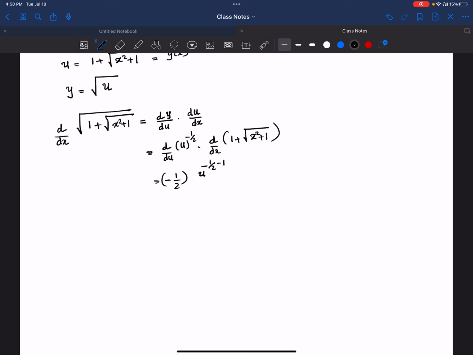Times d over dx of 1 plus x squared plus 1.